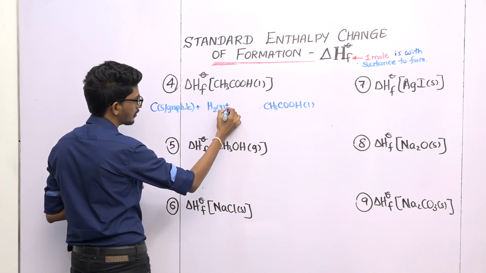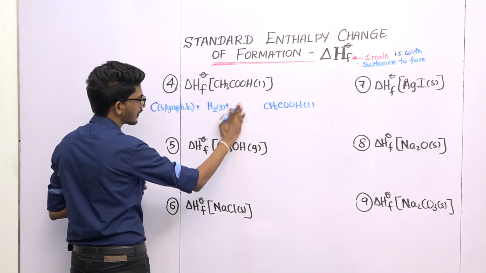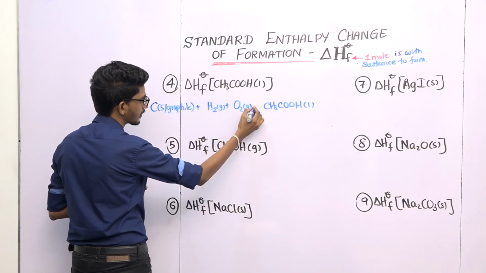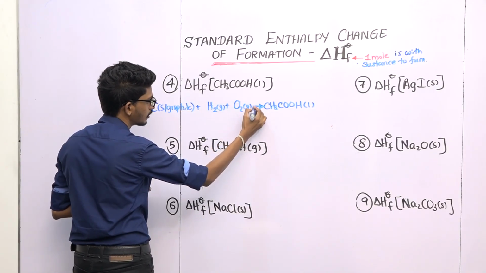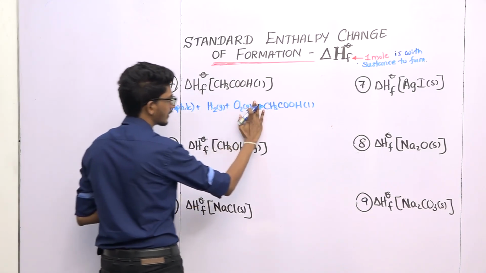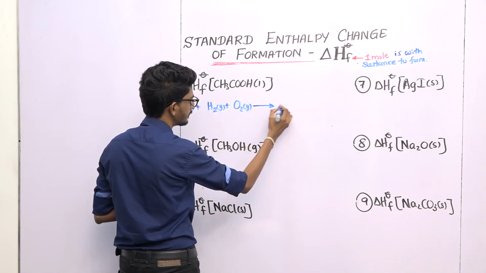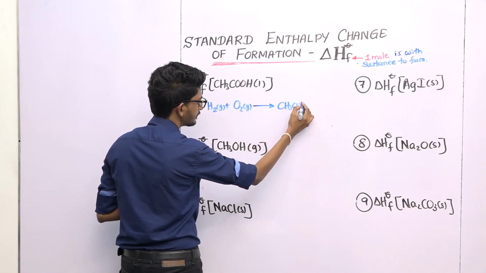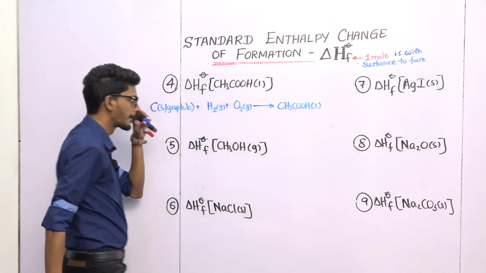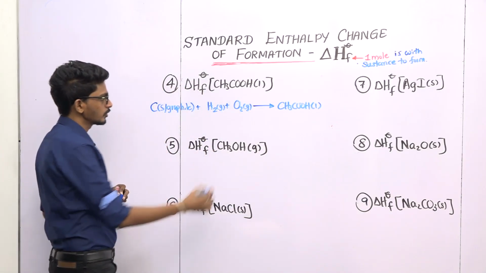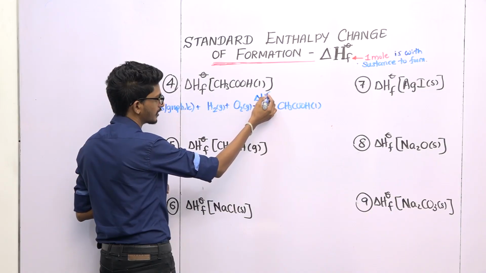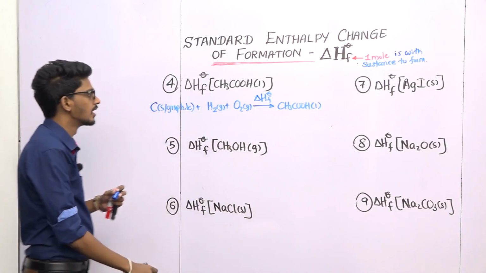For the oxygen, reference form is O2 gas. Starting from those you need to produce CH3COOH here, right? So this is all about the delta H naught F formation of CH3COOH liquid, right?